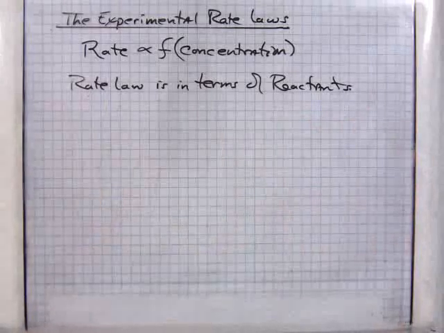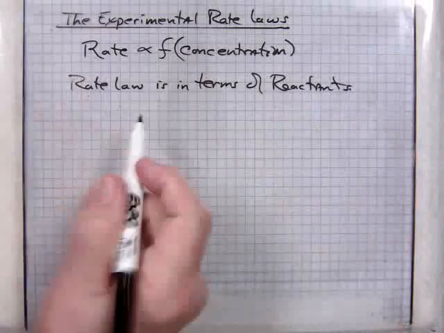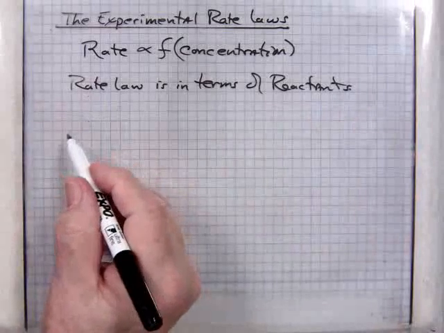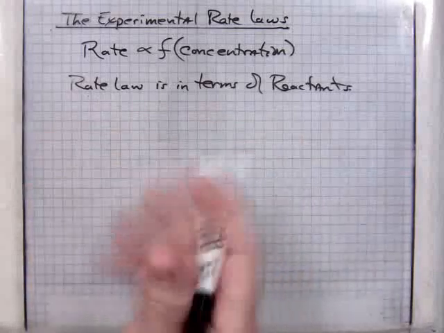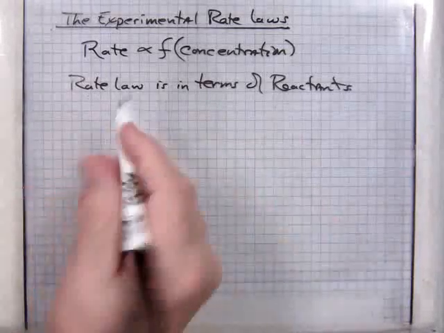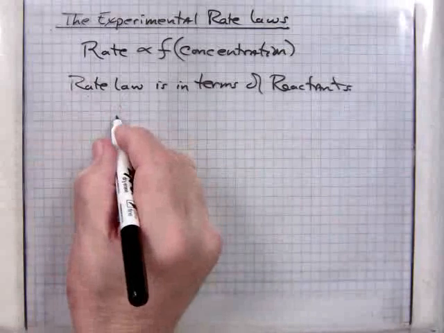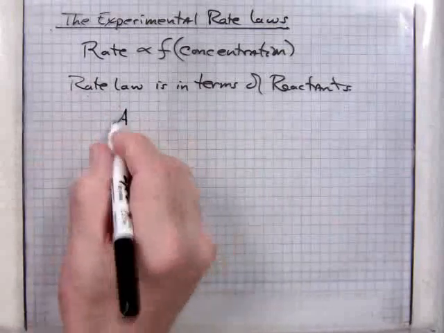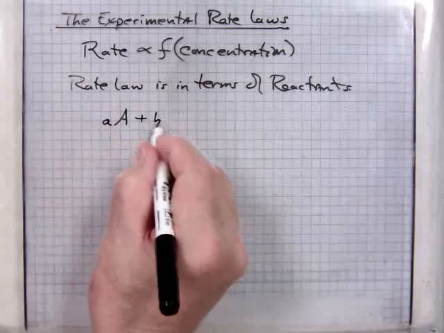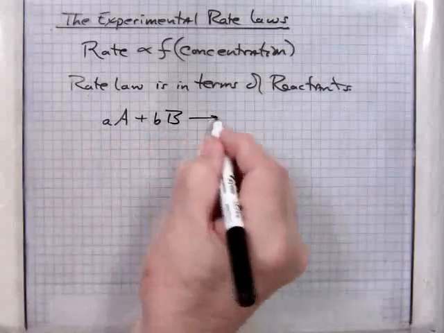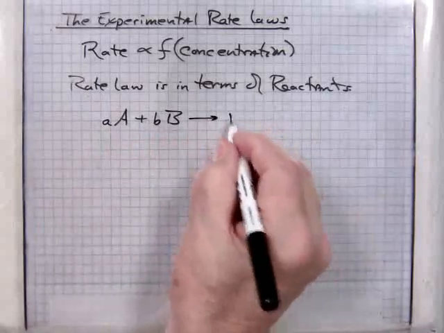Now what this means is you'll have a problem that will ask you what is the rate law for the following reaction. It gives you a bunch of data. Well, in the reaction, say given hypothetically A coefficient plus B goes to products.